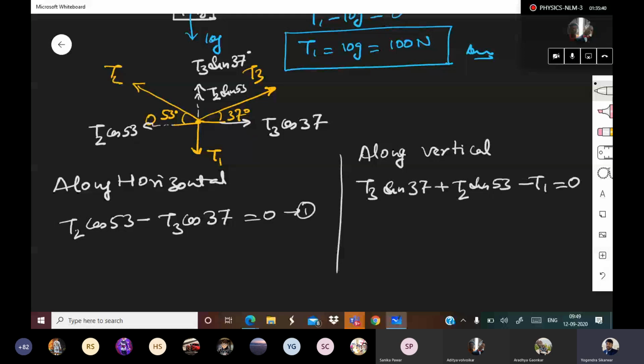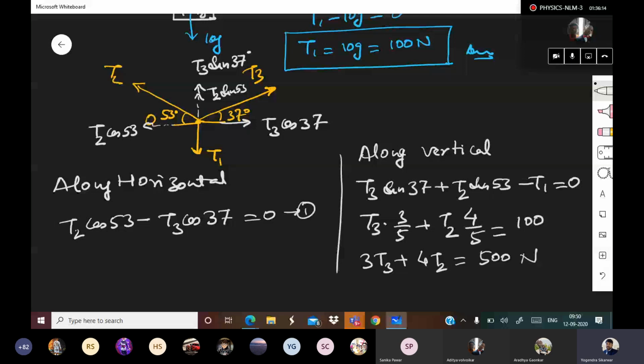So that gives us T3 into sin 37, which is 3 by 5, plus T2 into sin 53, which is 4 by 5, is equal to T1. T1 is 100, so that gives us 3T3 plus 4T2 is equal to 500 newtons.